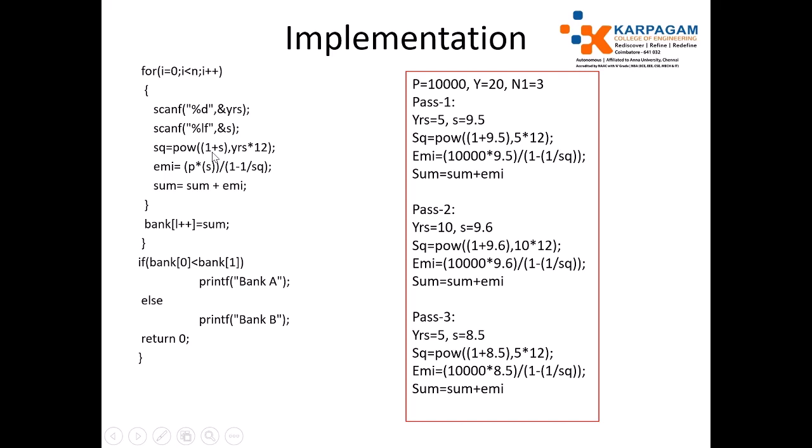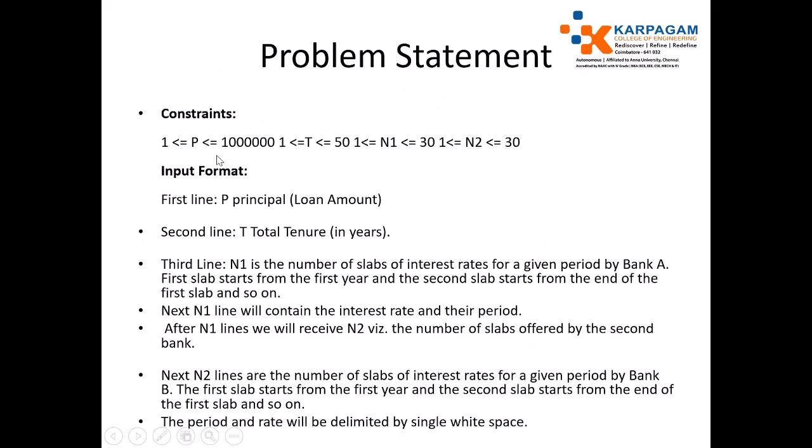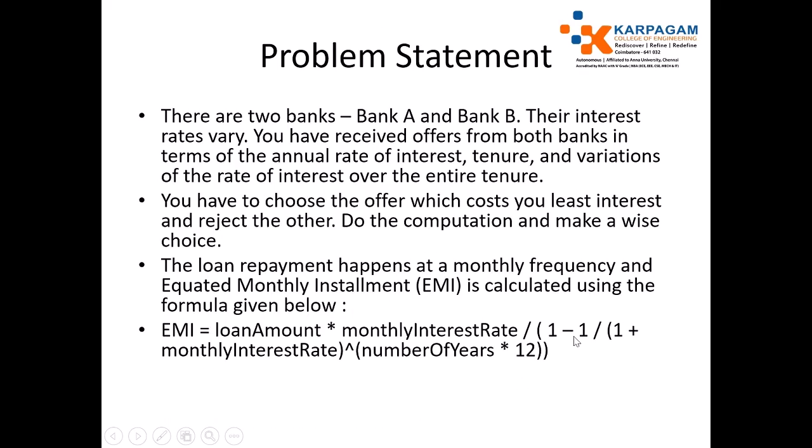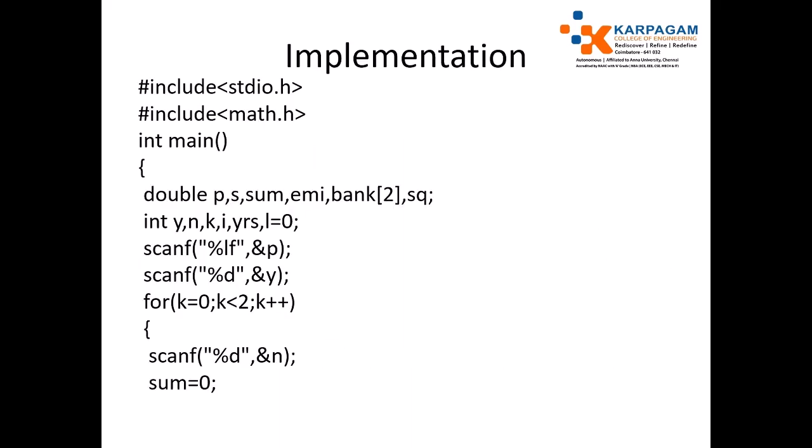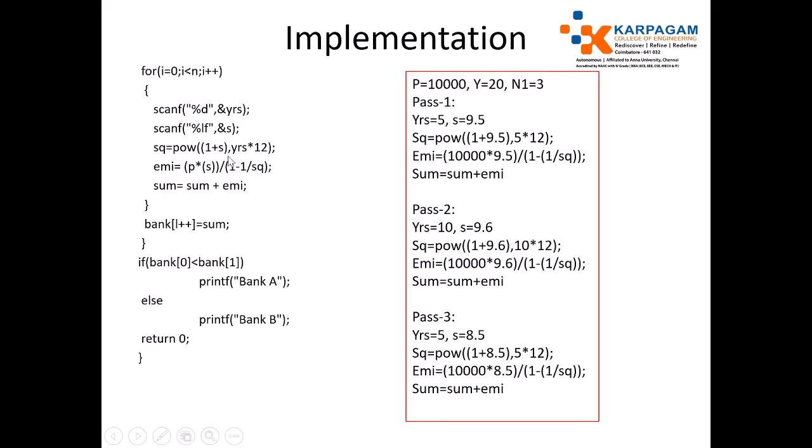This is the x power y formula. You have to use the x power y formula. Okay. The formula is given here: 1 plus monthly interest rate power number of years into 12.